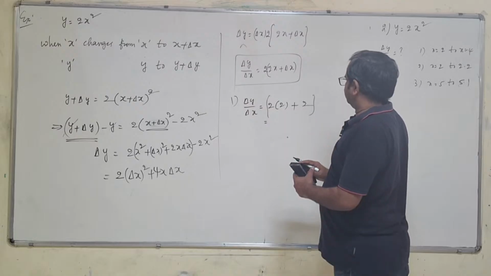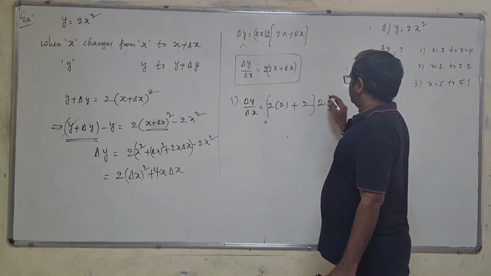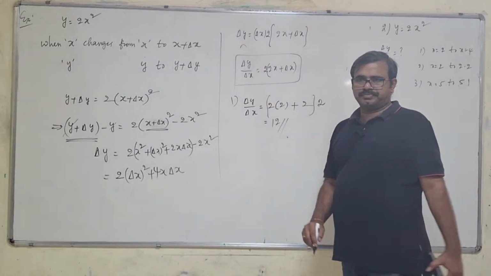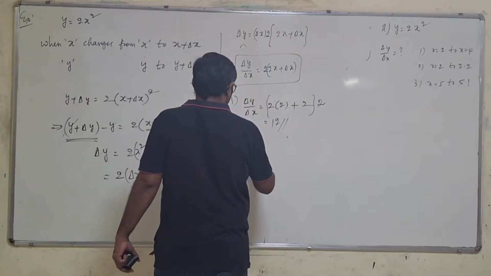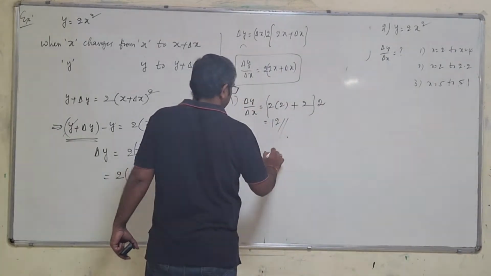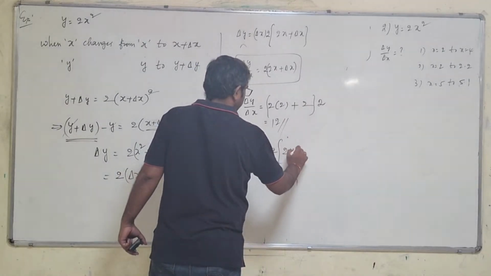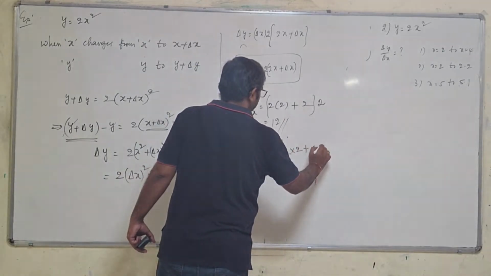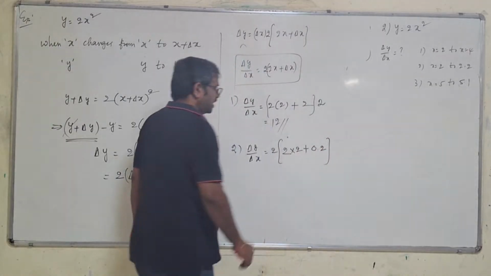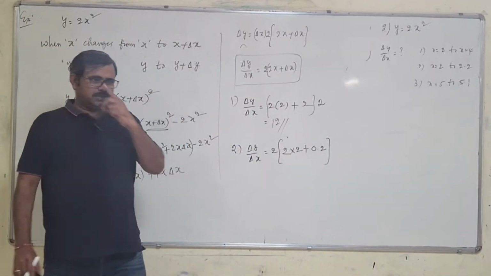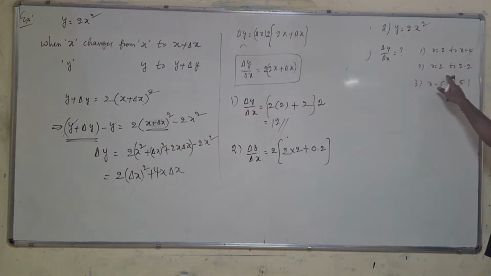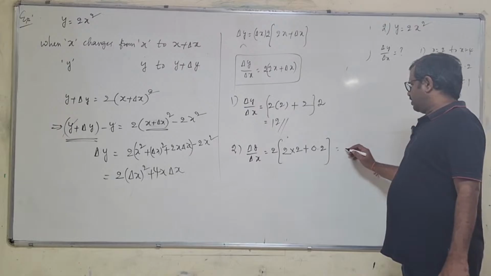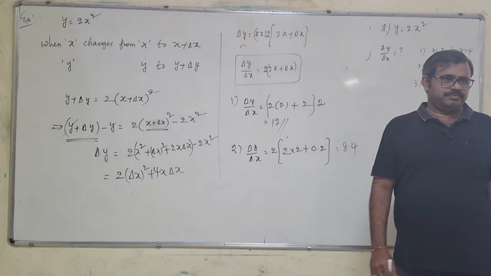What are you getting? 12. You understand this? In the second case, delta y by delta x is equal to 2 into 2x plus delta x. What is delta x there? In the second case, delta x is equal to 0.2. What do you get here? 8.4.